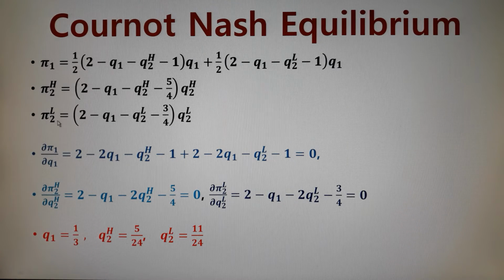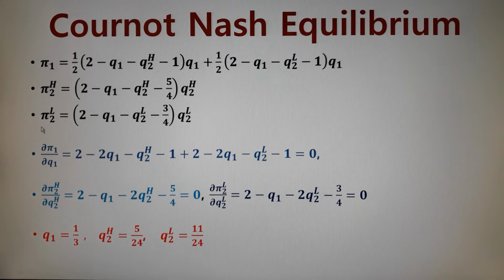The profit of the second company when its cost is low, which means the marginal cost is 3 over 4. Like here, 3 over 4, 5 over 4, and the first company has nothing but one type, the marginal cost 1. Okay? So low cost, 3 over 4, high cost, 5 over 4.